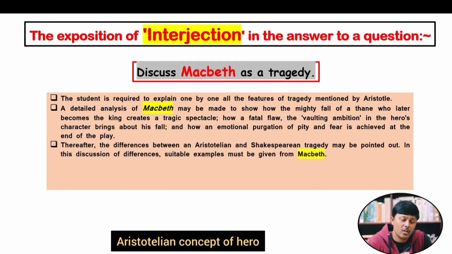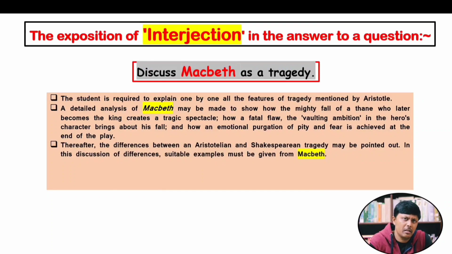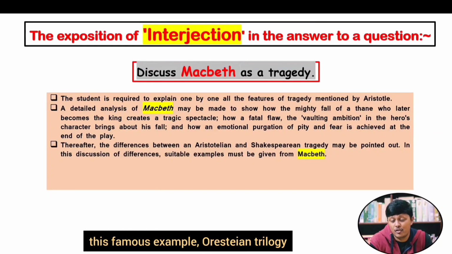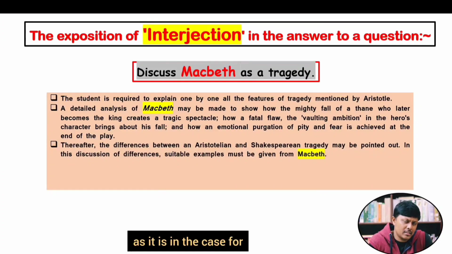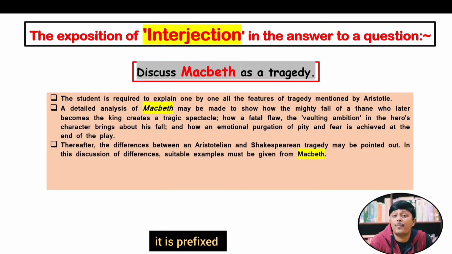But in the Aristotelian concept of the hero, as it is mostly found in direct Greek tragedy, like Oedipus Rex or Medea, these famous examples, the Oresteia trilogy, as it is in the case of Oedipus Rex, the hero's fate is previously fixed. It is prefixed.